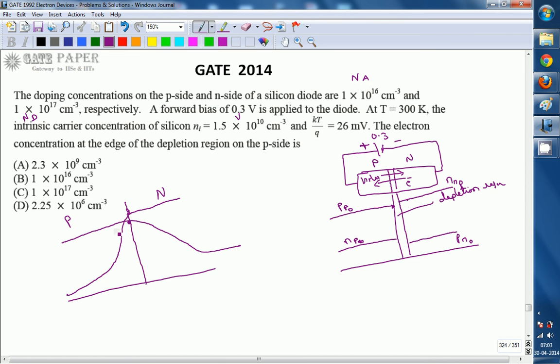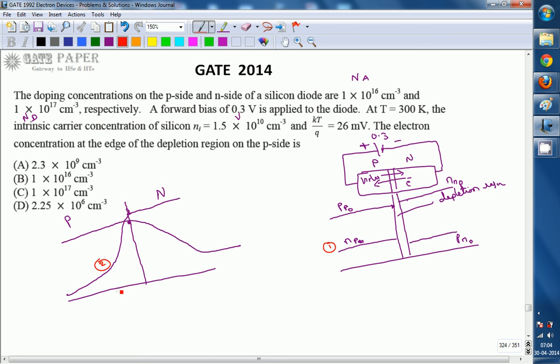On the P side you get two types of charge carriers. One is the minority carriers present in the P side, the other is the electrons coming from the N side to the P side because of forward bias. So the total electron concentration consists of two components: the minority carrier concentration present in the P side, and the number of electrons coming into the P side because of forward bias.